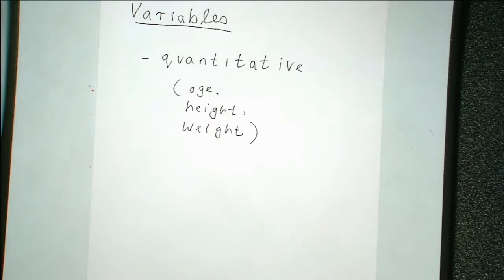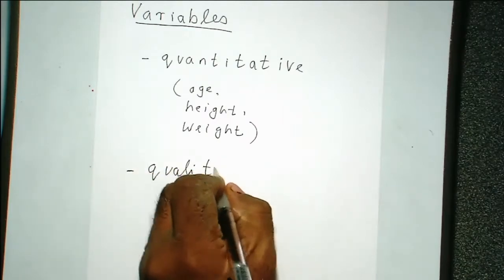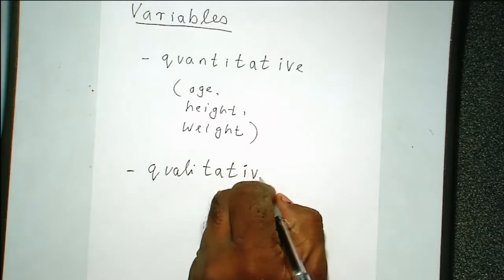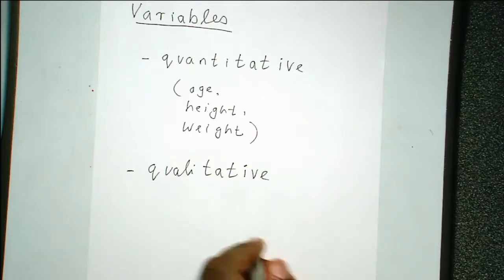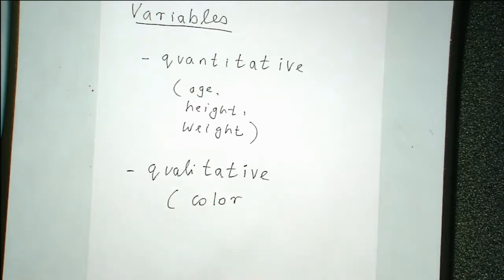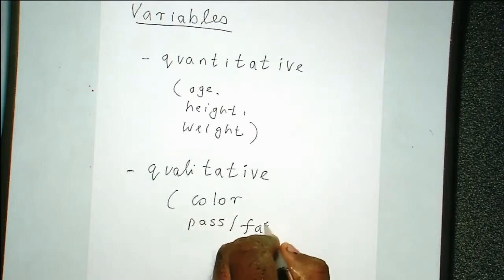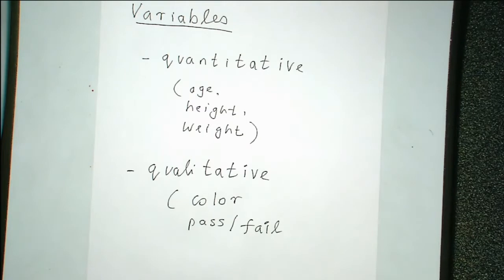Weight is a quantitative variable, and the other one is called qualitative. The qualitative variables are like, for example, color, or pass or fail. Pass or fail is a qualitative variable too. Now, when you come on Thursday, I will talk more about quantitative random variables.